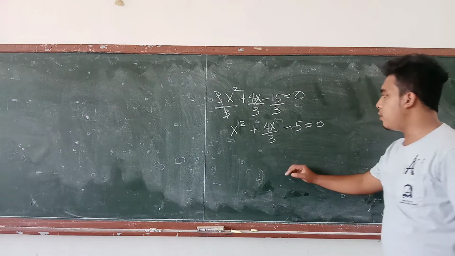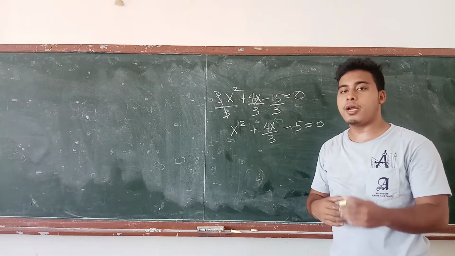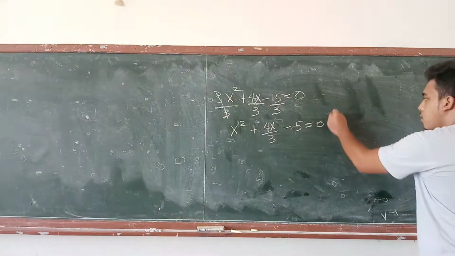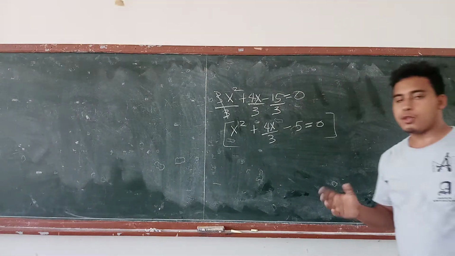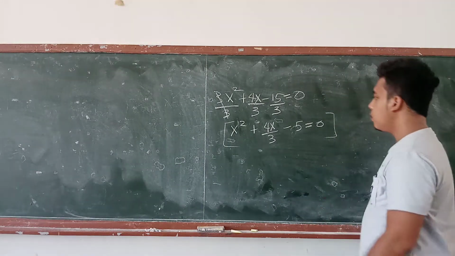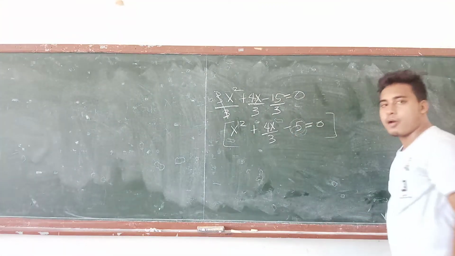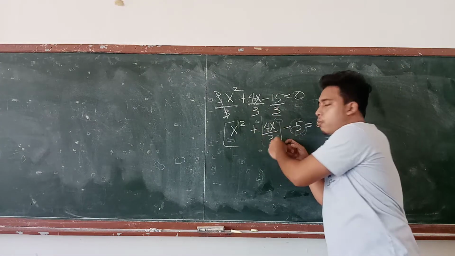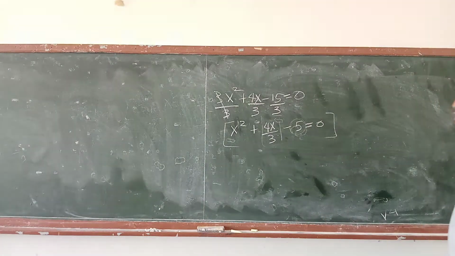Okay? So, since the numerical coefficient of our quadratic term is already equal to 1, then we can now proceed to the process of completing the square. Again, we cannot use factoring, because even using the factors of 5, we cannot get the middle term or the linear term. So let's use completing the square.